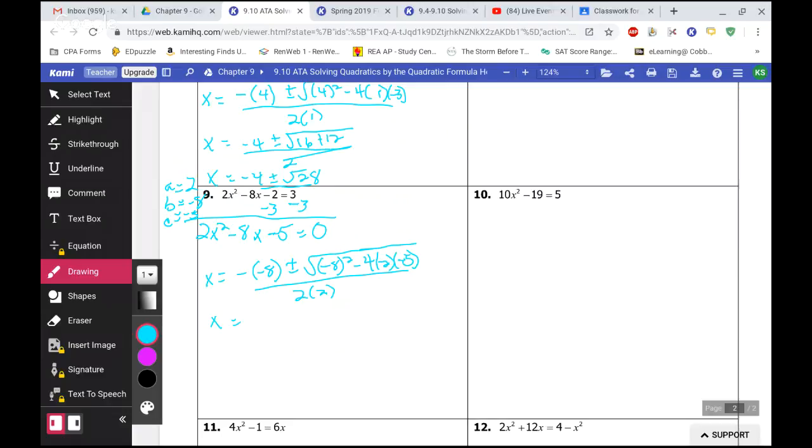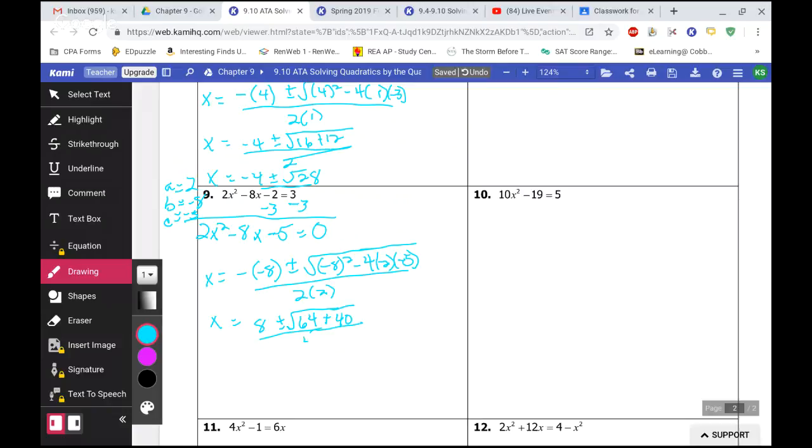So x equals the opposite of -8, or -1 times 8 is 8, plus or minus the square root of 64. And then -4 times 2 is 8. 8 times -5 is a positive 40.